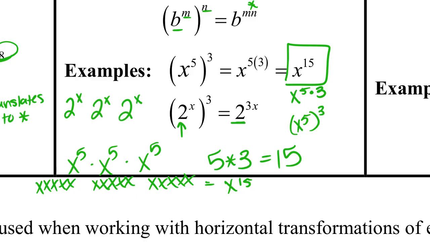We would keep the base, so all of them have the 2, and then you would have 3 x's in total, because you would say x plus x plus x, since multiplication translates to addition. x plus x plus x is 3x, or just multiplying your powers together.